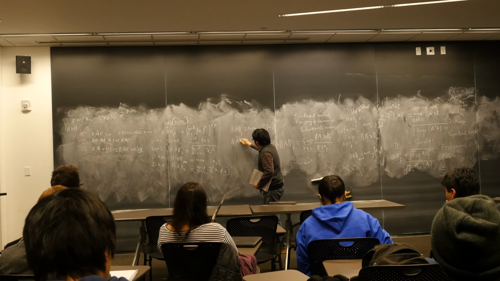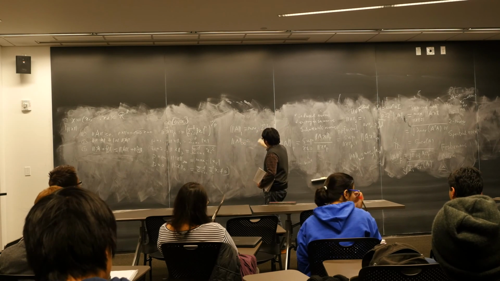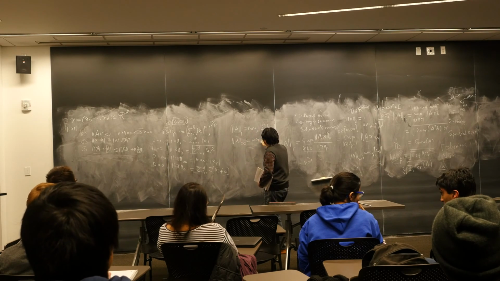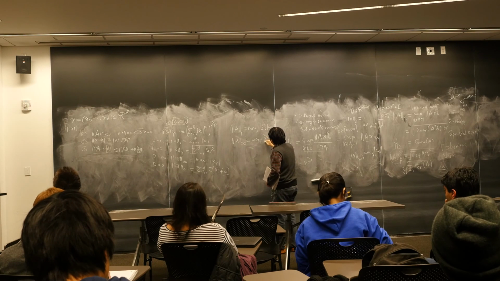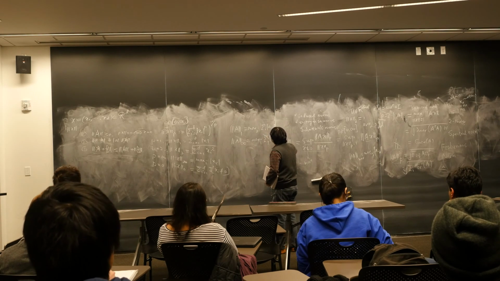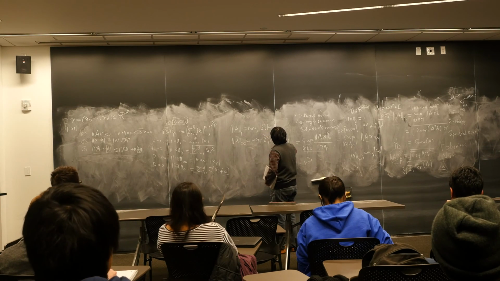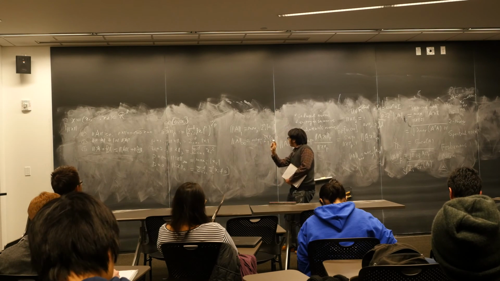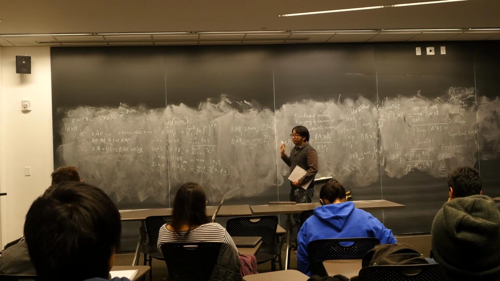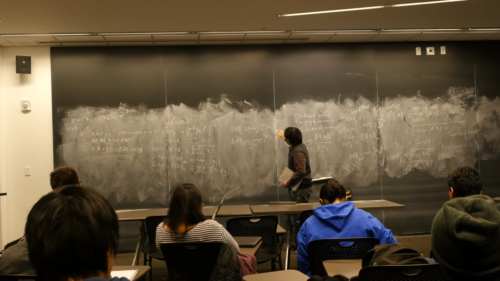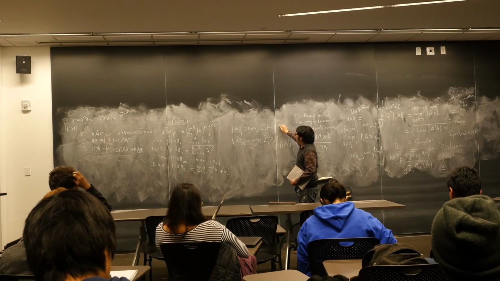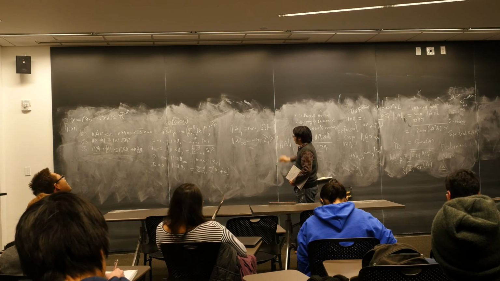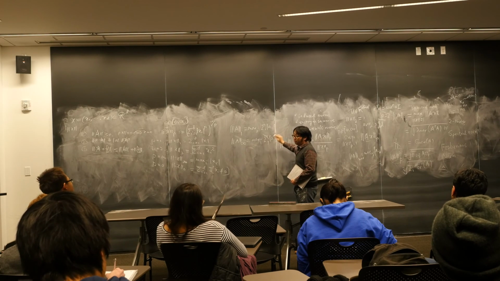The infinity norm is the opposite: you sum over all rows, and you pick the largest row. So this is usually called the column max norm, and this is the row max norm. They are all induced norms.